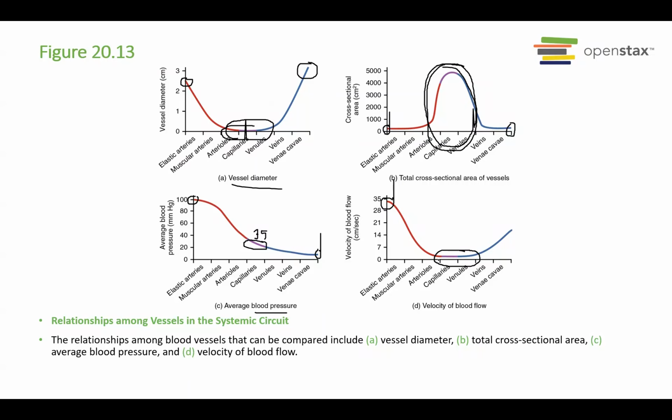Therefore, the blood flows really slowly in the capillary to give time for exchange between the blood vessels and the tissue. And it is going to be higher again in the vena cava before entering the atrium of the heart.